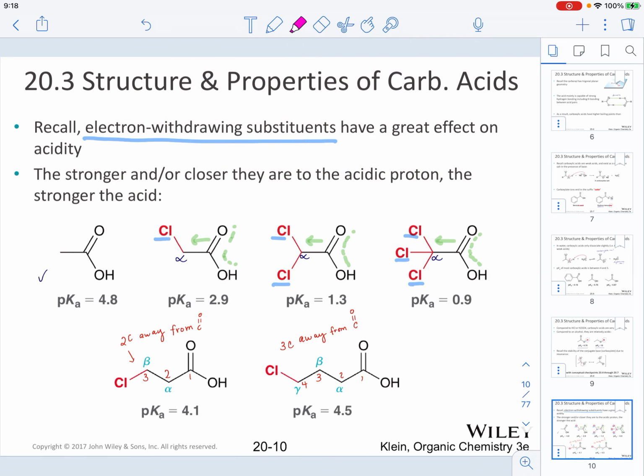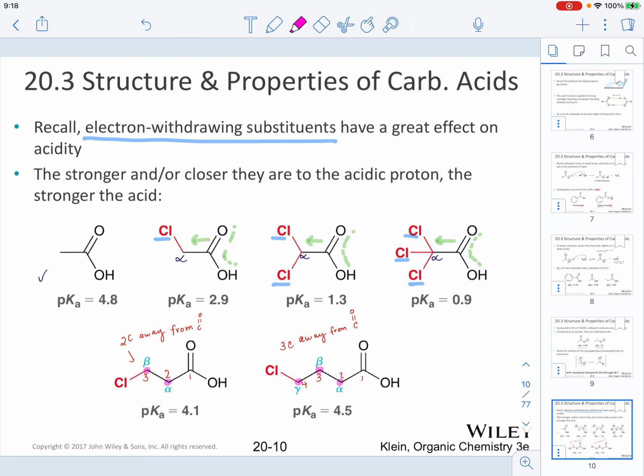So 1 carbon away, 2 carbons away. That's what the beta position is. The gamma position is, again, if our starting point is the C double bond O, 1 carbon away, 2 carbons away, 3 carbons away. That's where the gamma position is.